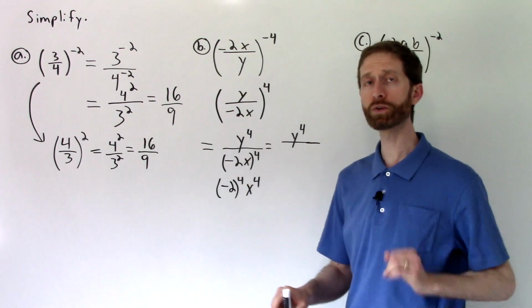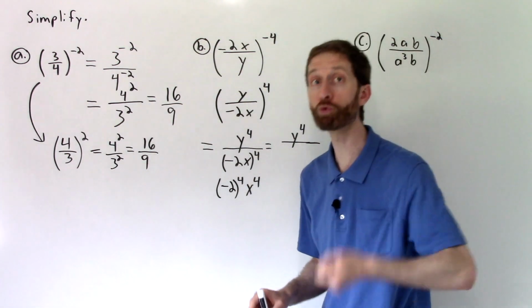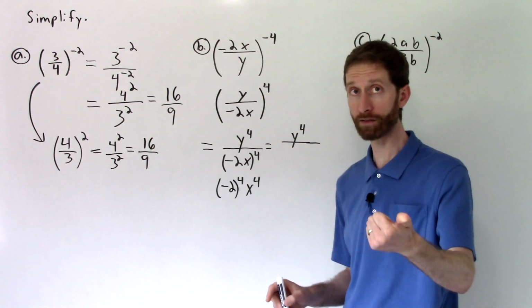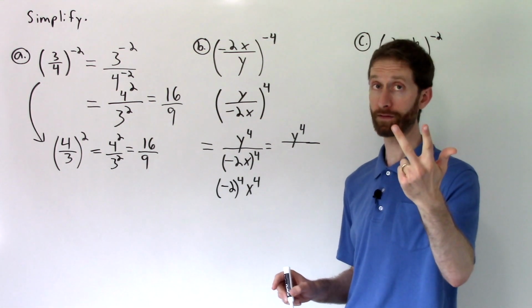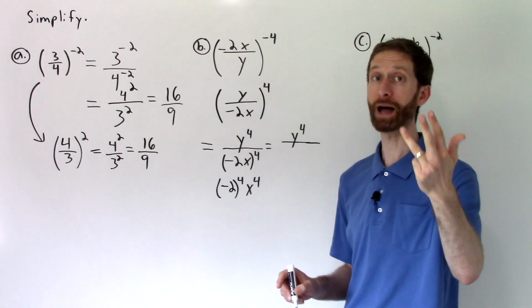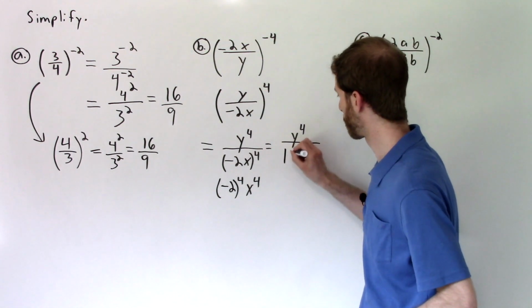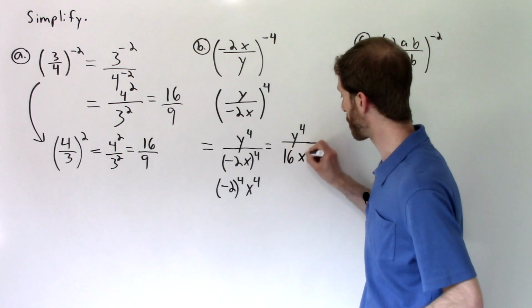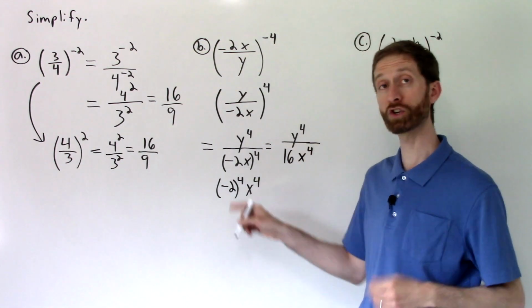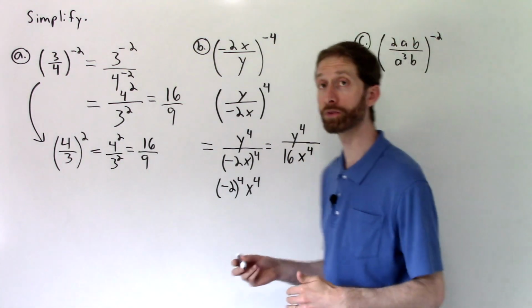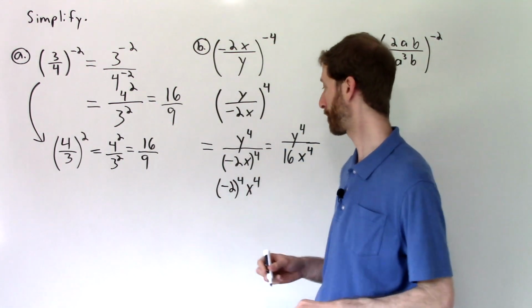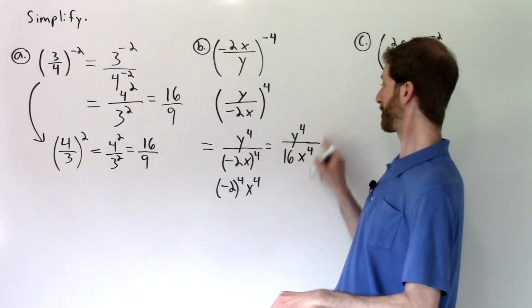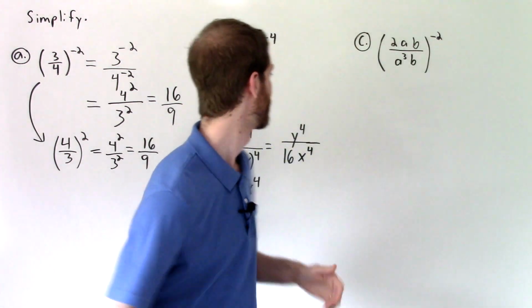So -2 to the 4th, the negative is being raised to the 4th power, so it's -2 times -2 is 4, times -2 is -8, times -2 is +16. And that is x to the 4th. If you are using a calculator with this, make sure to use parentheses. If you don't, your calculator is going to give you a negative answer, because you'd be doing the opposite of 2 to the 4th. Sweet, there's our answer.